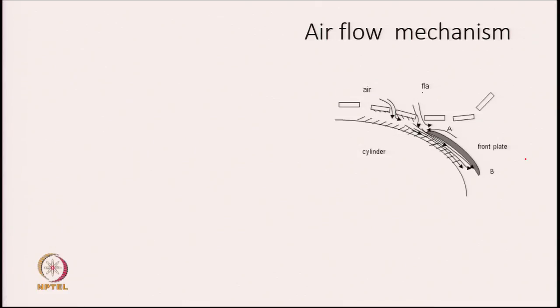Here in the diagram we see that the front top plate is shown along with the flats. The flats are linked together in the form of a chain, but there are always some gaps between the flats, and through these gaps the air can always enter or it can also escape.